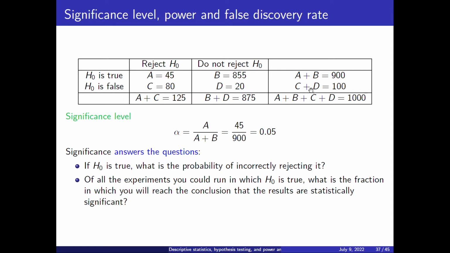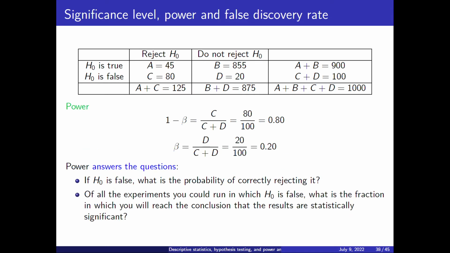So significance at this threshold of 5% is, if H null is true, what is the probability of incorrectly rejecting it? This is alpha. Or put it differently, of all the experiments you could run in which the null hypothesis is true, what is the fraction in which you will reach the conclusion that the results are statistically significant?